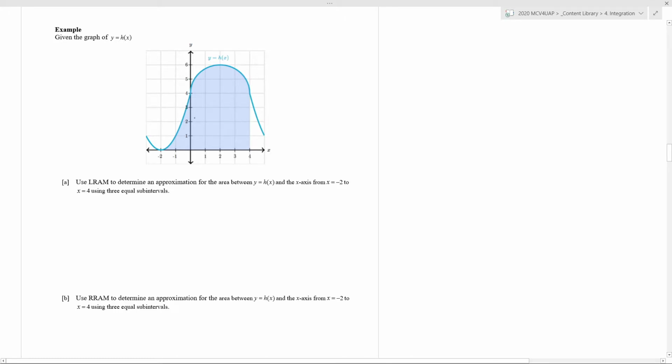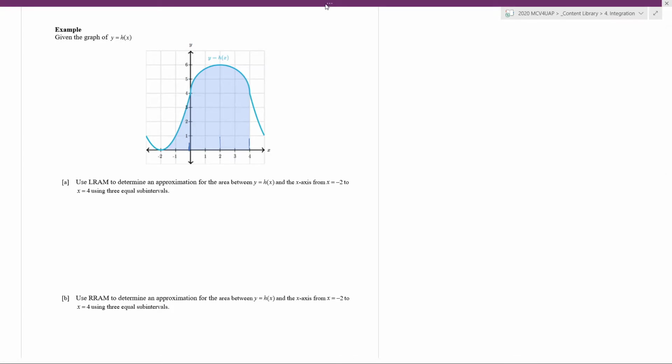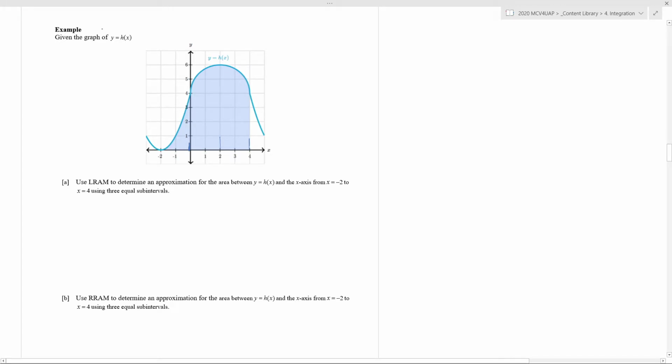So with 3 equal subintervals, I'm going to have this kind of situation here. Whoops, not there, but there. And so if I'm using LRAM, the height of the first rectangle is going to be what? Anybody?